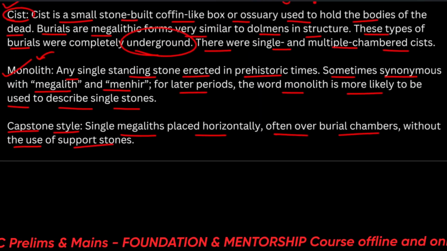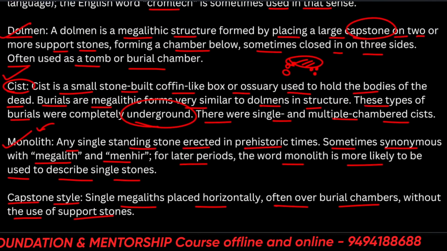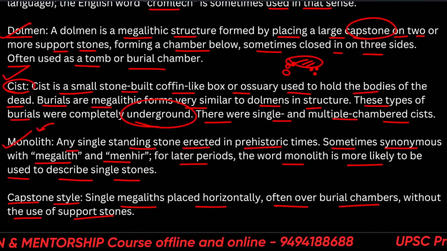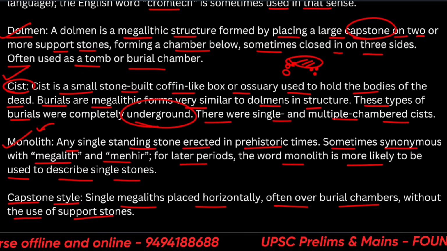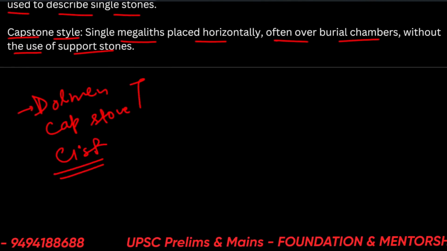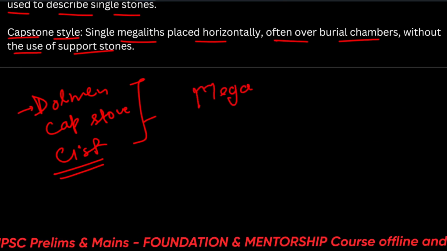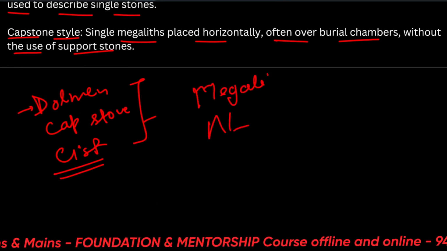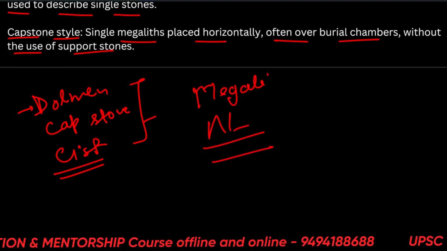So sometimes a question will come like, let's say, these words: dolmen, capstone, cist. So these are related to which period? Megalithic period, Neolithic period, Chalcolithic period, etc. So the answer will be Megalithic period.